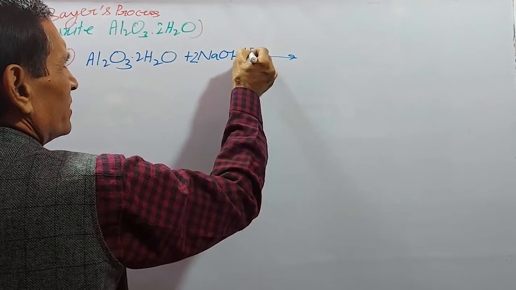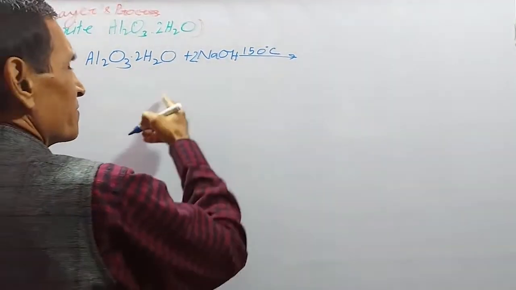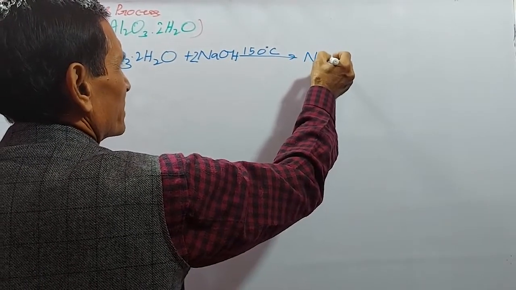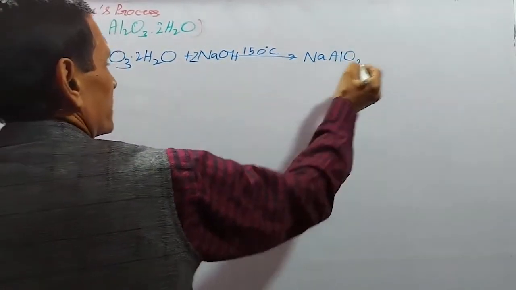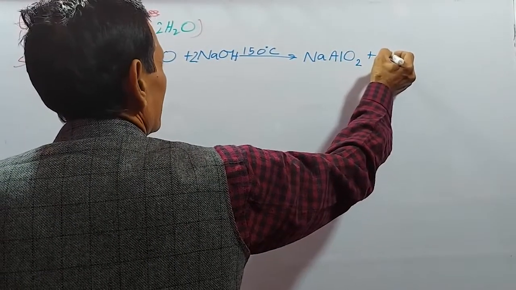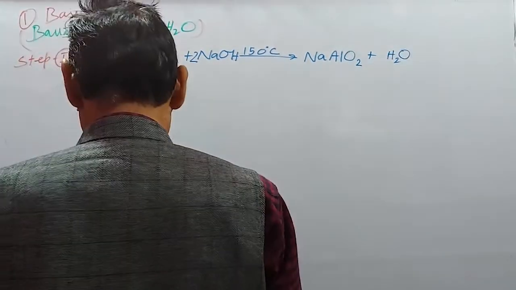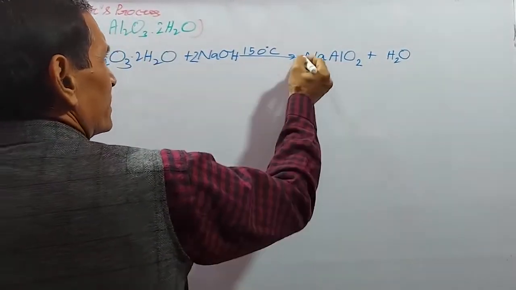Temperature is about 150 degrees centigrade. Under pressure, there is formation of sodium meta-aluminate and H2O. You will balance the equation.